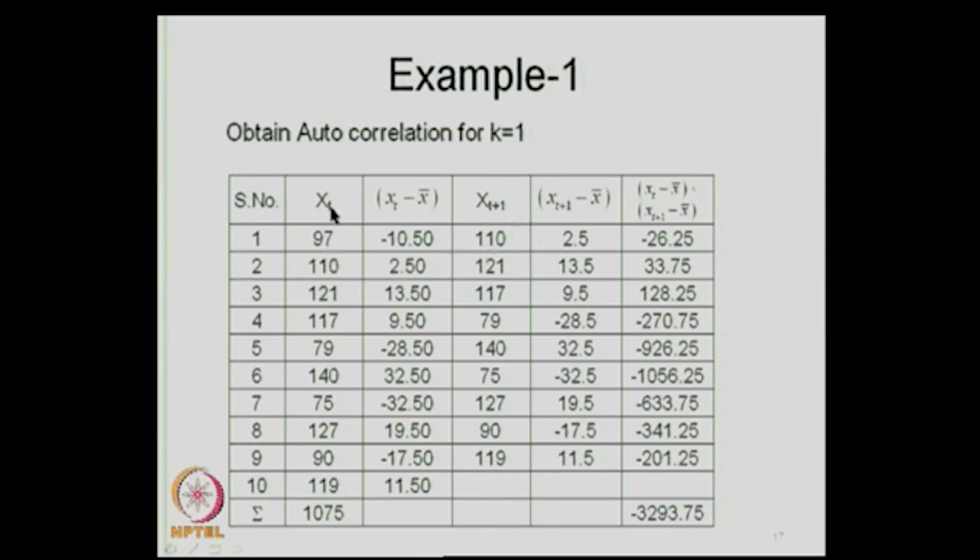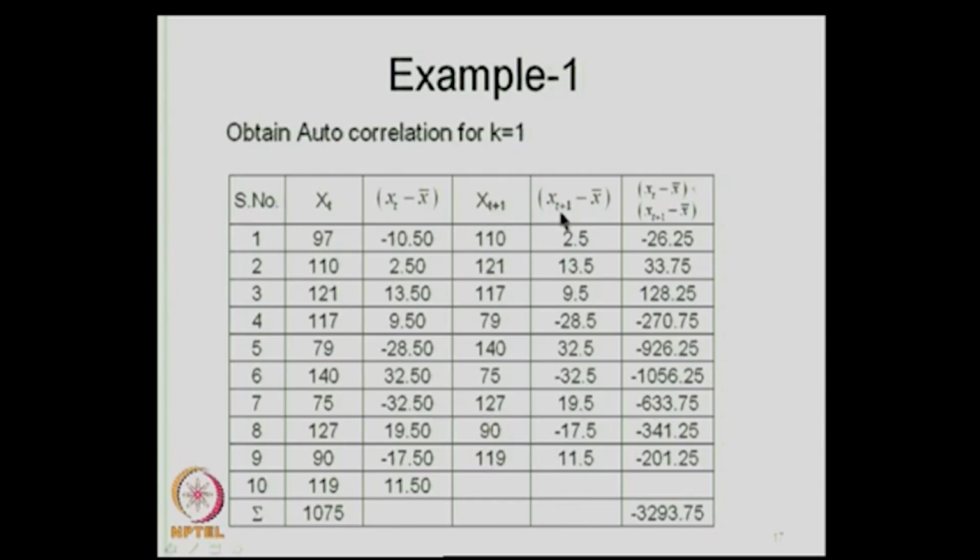So, corresponding to x t, we write x t plus 1. So, x 1 is associated with x t plus 1 being x 2. Associated with x 2, we have x 3, which is 121. X 4 corresponds to x 3 plus 1, so 117. Like this, we lag the series, that is, we shift the series by 1 time unit and then write the series x t plus 1.